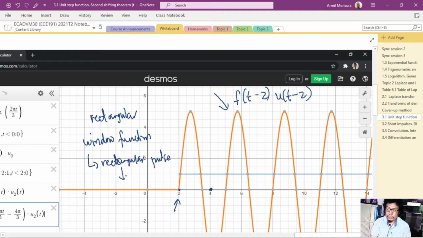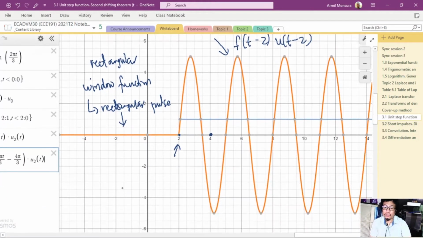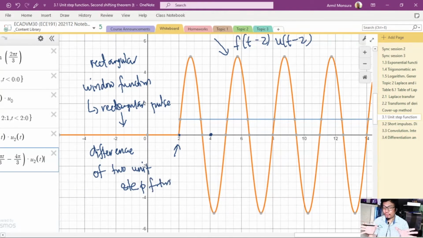Essentially, this rectangular pulse is a difference of two unit step functions that are delayed by different times. If you subtract them, what is left is a window, an interval in which the value is non-zero, or 1, and outside of that interval the value of the function is 0.